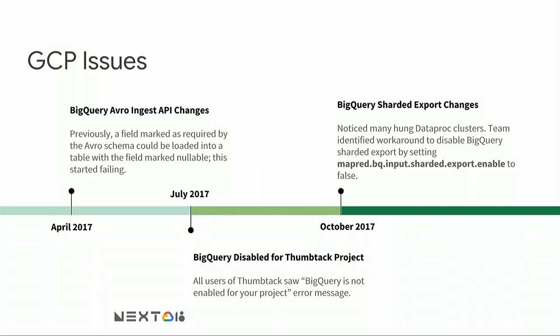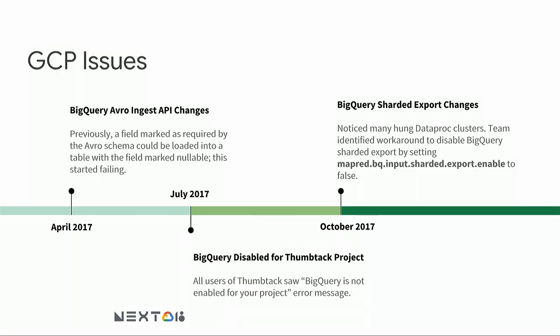Things go wrong. Some of the things I wanted to highlight: last year, we had a couple of BigQuery related incidents. Essentially, they were breaking changes. They were not backward compatible changes at Google's end that got our data processing to a grinding halt.